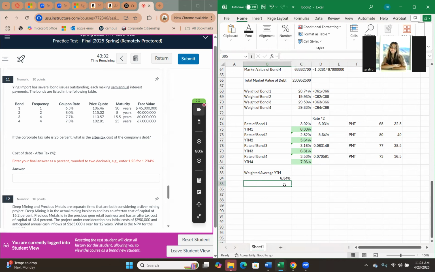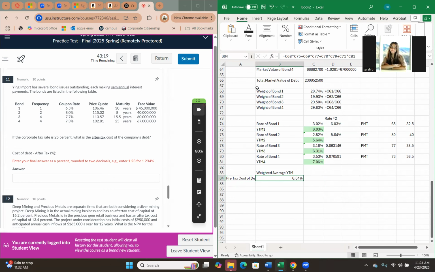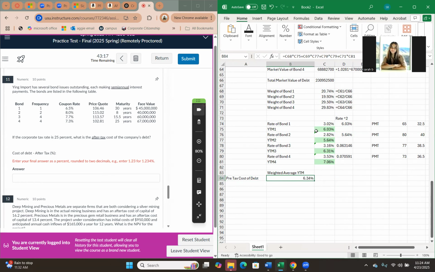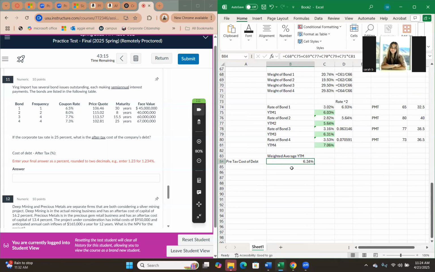Okay. So now we're going to multiply this by 1 minus tax. So this is our pre-tax cost of debt. This is like the biggest mistake people make: they don't times it by 1 minus the tax rate. And you've done all this work and you've done all of it right.